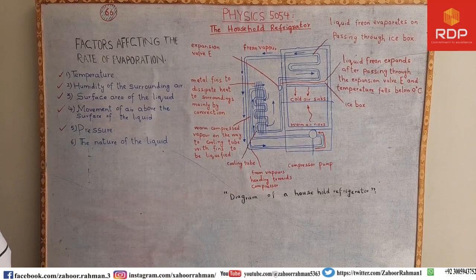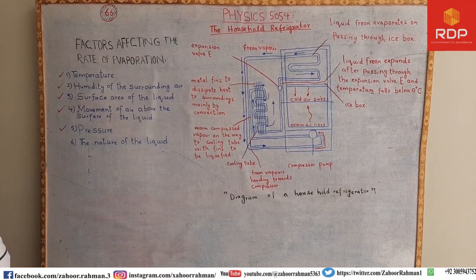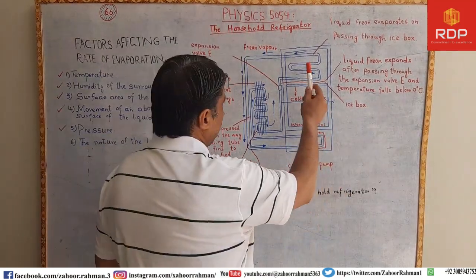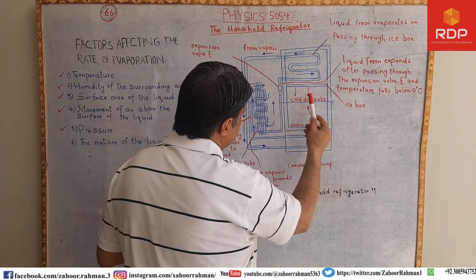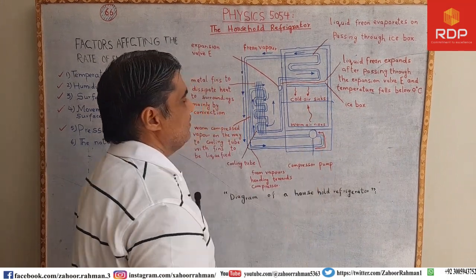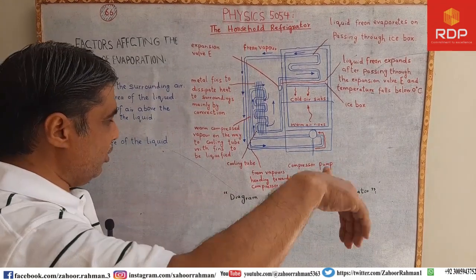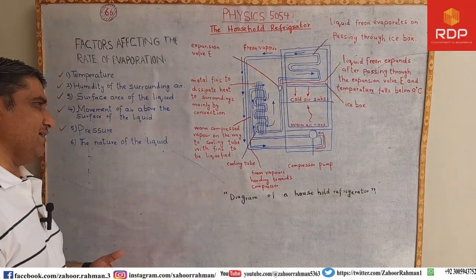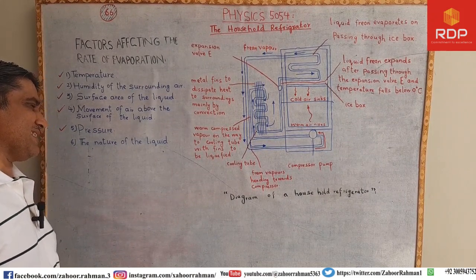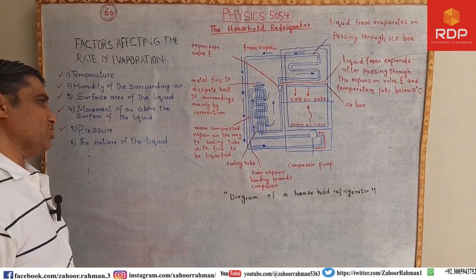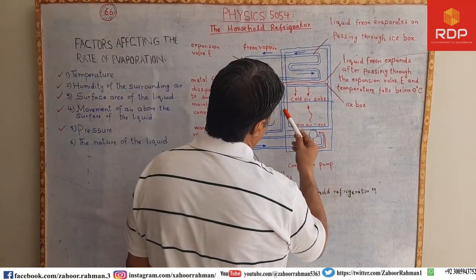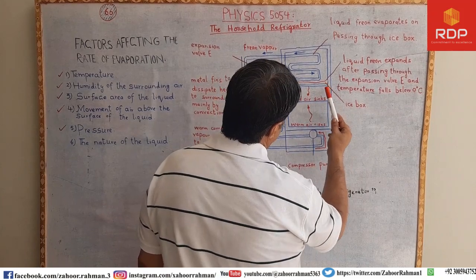And the air as a result becomes heavier. And when the air becomes heavier, it will sink down to the lower compartment in which we are putting vegetables. It is not making ice, etc. So it will come down and make the environment colder.